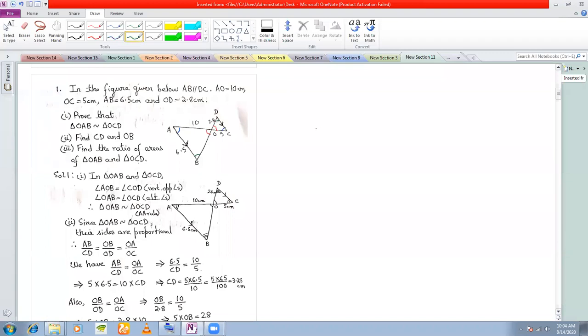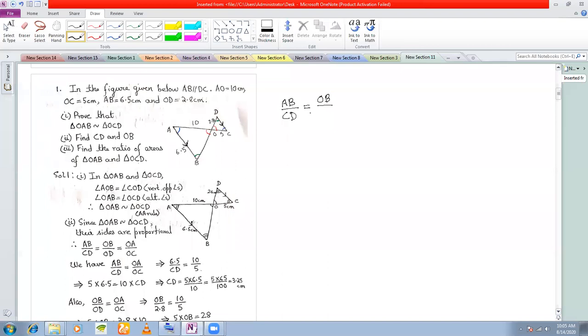Okay. So let us now see. Next question. Find CD and OB. Now, once I have proven these two triangles to be similar, I will write the proportional sides. Opposite to the red angles are the sides AB and CD. Again, in the bigger triangle, AOB, opposite to the blue angle is the side OB.